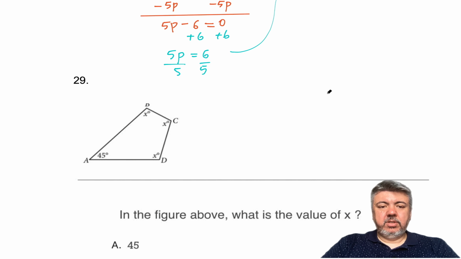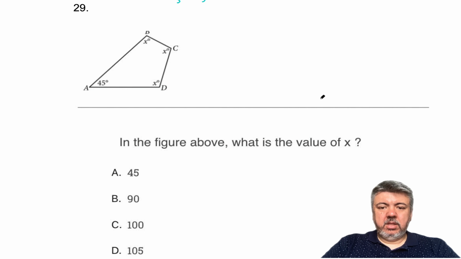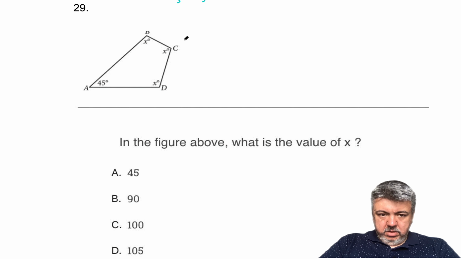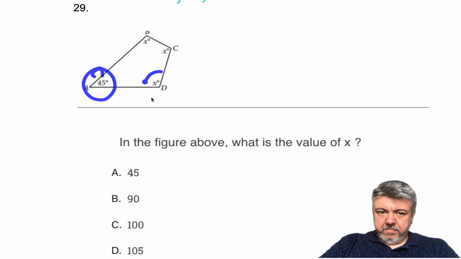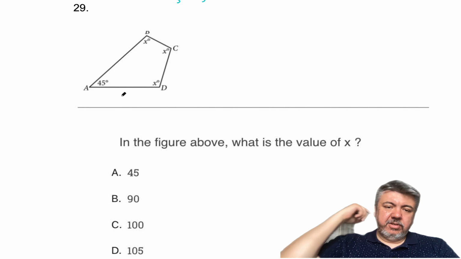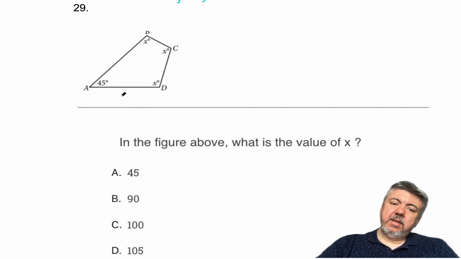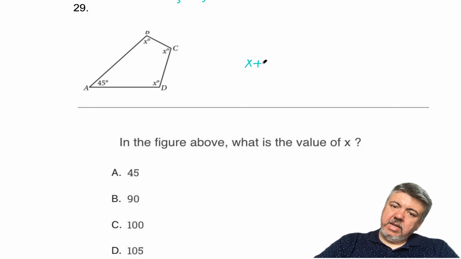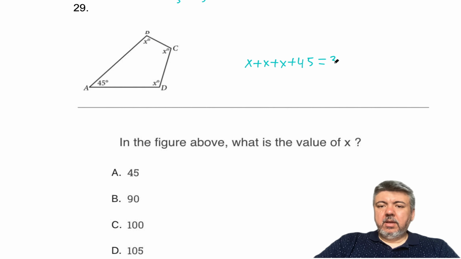Okay, question 29. A, B, C, D. I see the angles. Their sum is going to be 360. So it's x, x, x plus 45. It's 360 degrees.